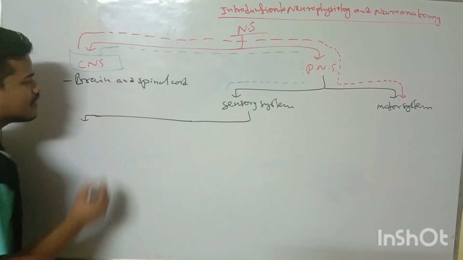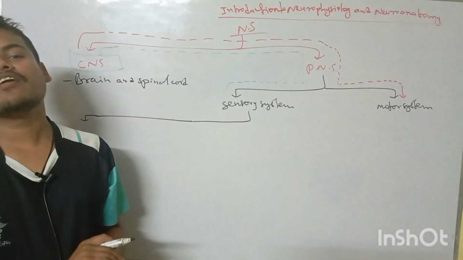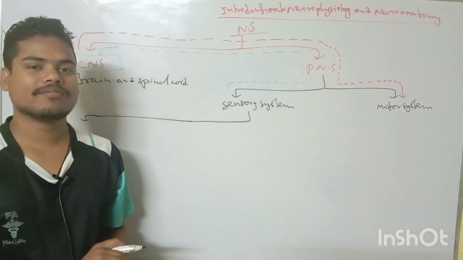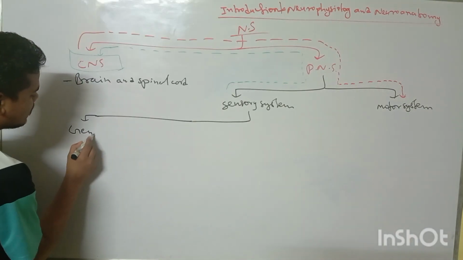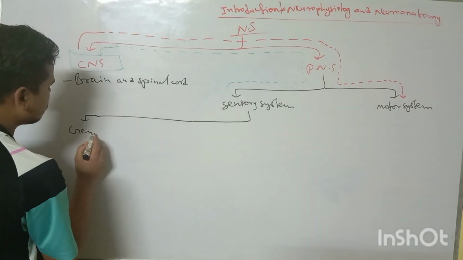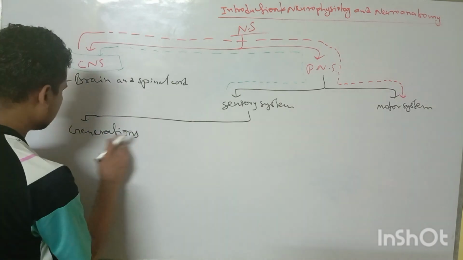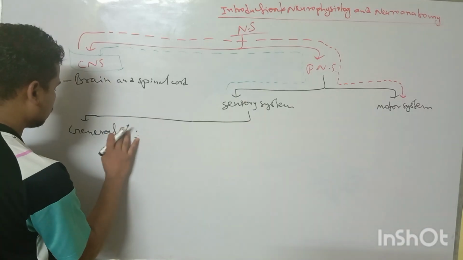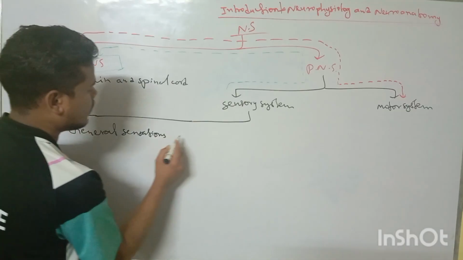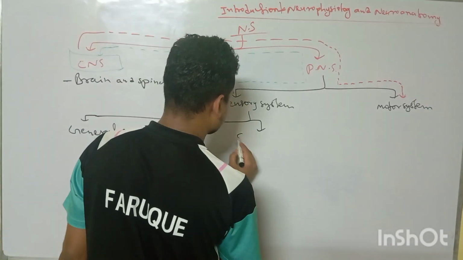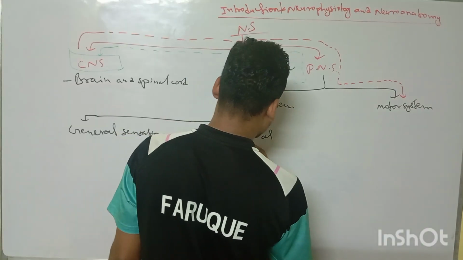So sensations, either it may be general or it may be special, nothing else. Now the question is, what is the general sensation and what is the special sensation? How can you differentiate? Please answer in the comment box.